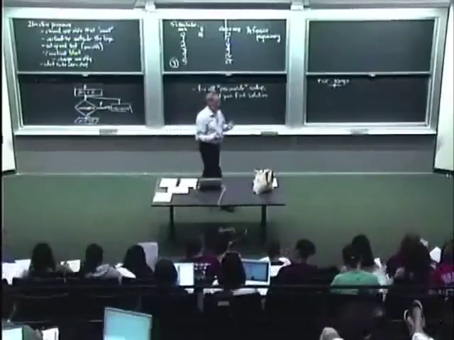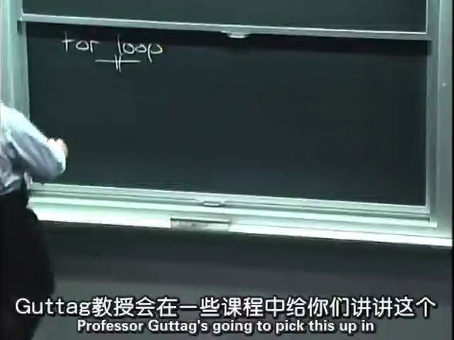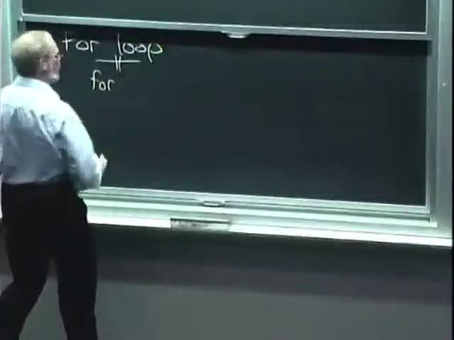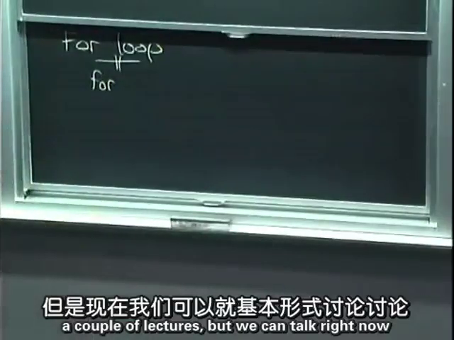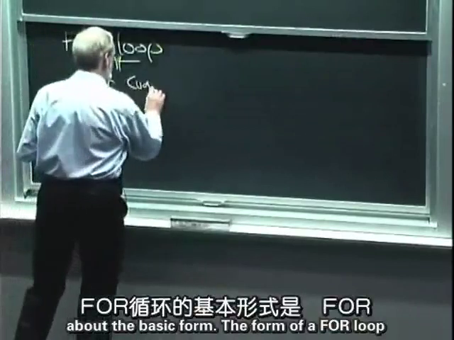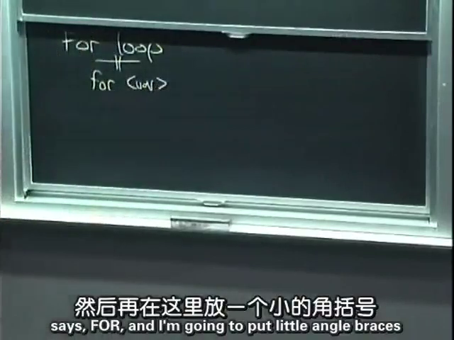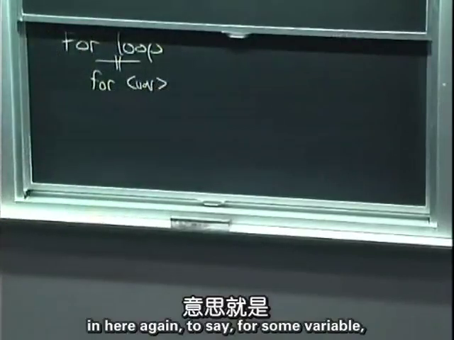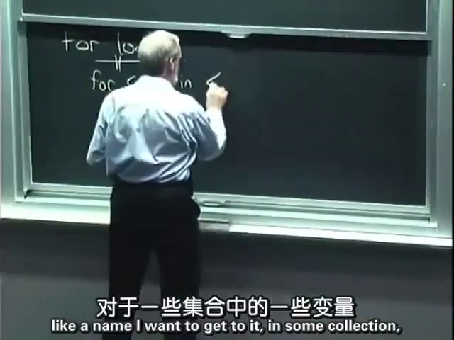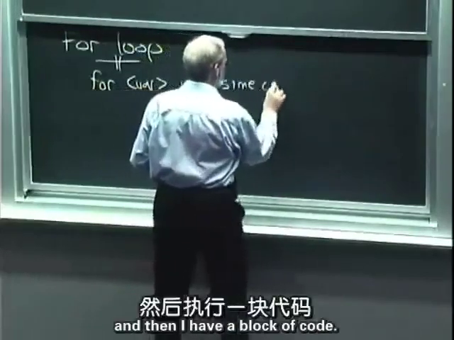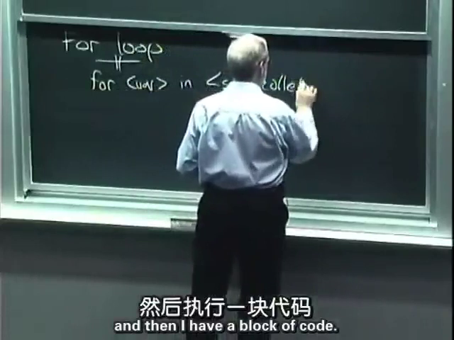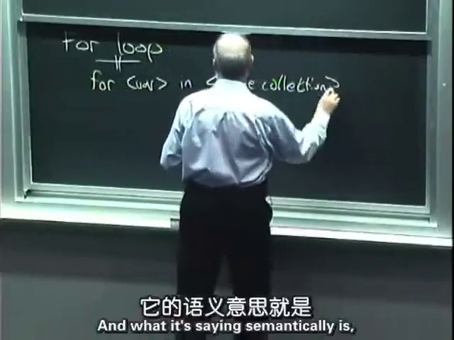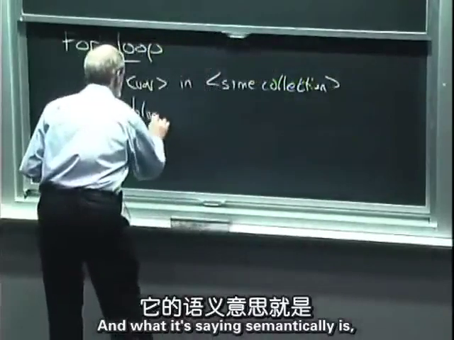We're going to come back to that. In fact, Professor Guttag is going to pick this up in a couple of lectures. But we can talk right now about the basic form. The form of a for loop says for, and I'm going to put little angle braces in here again, for some variable, like a name I want to get to it, in some collection, and then I have a block of code.